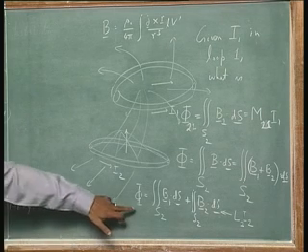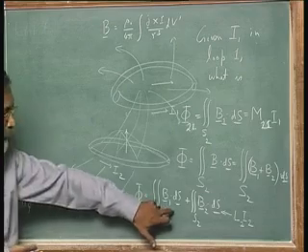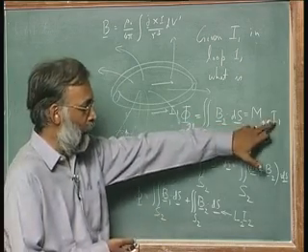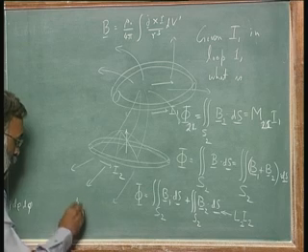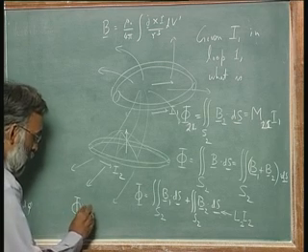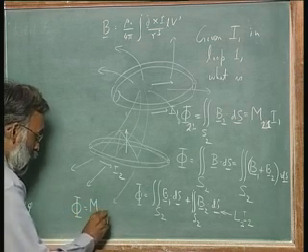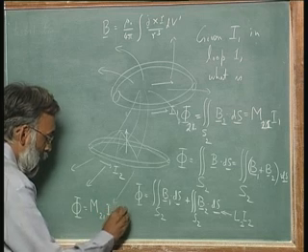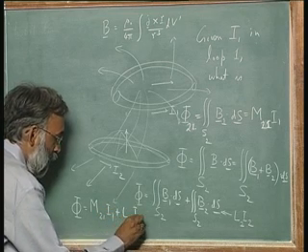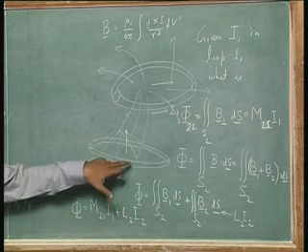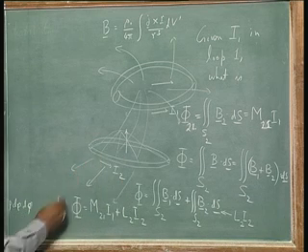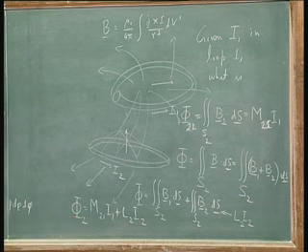So, I can write this equation now in terms of I1 and I2. The magnetic flux is equal to M21 I1 plus L2 I2, and this is the flux threading this loop. So, I will call it phi 2.